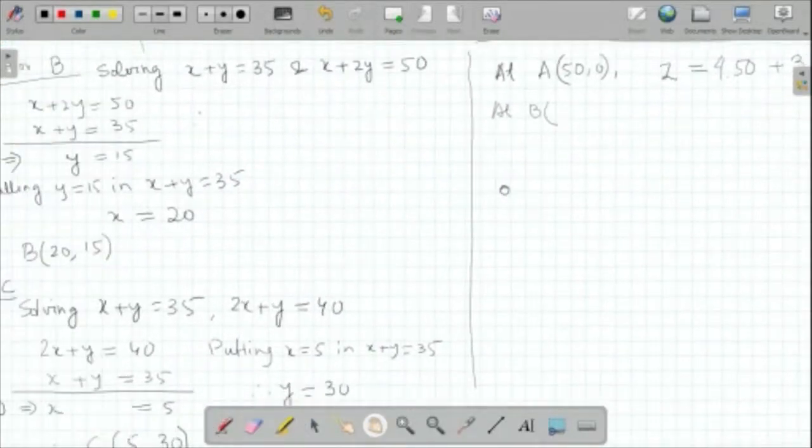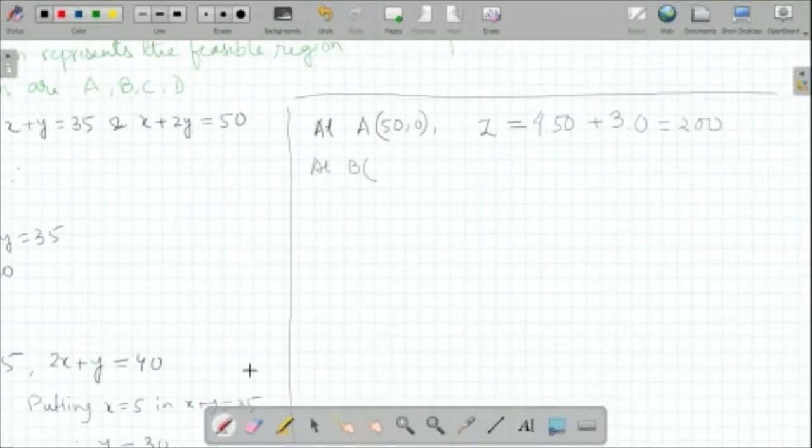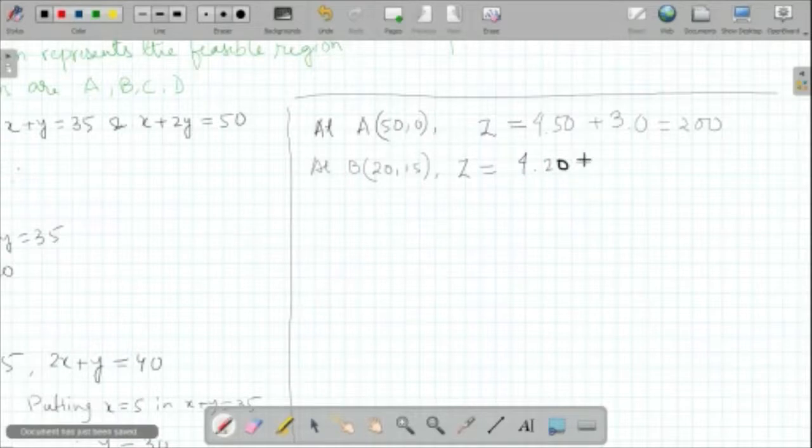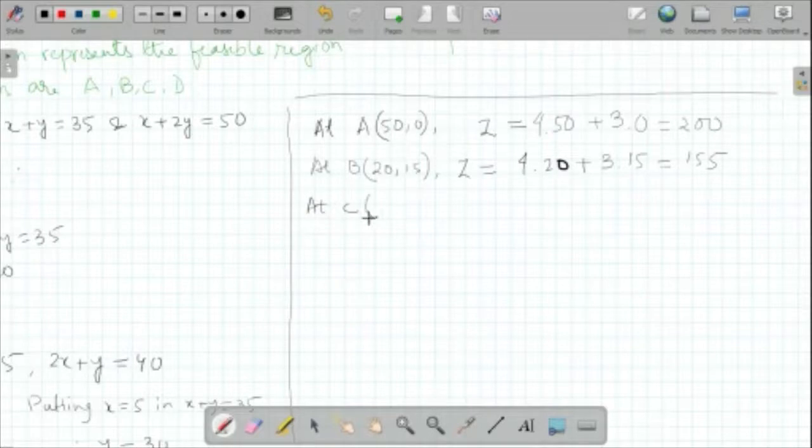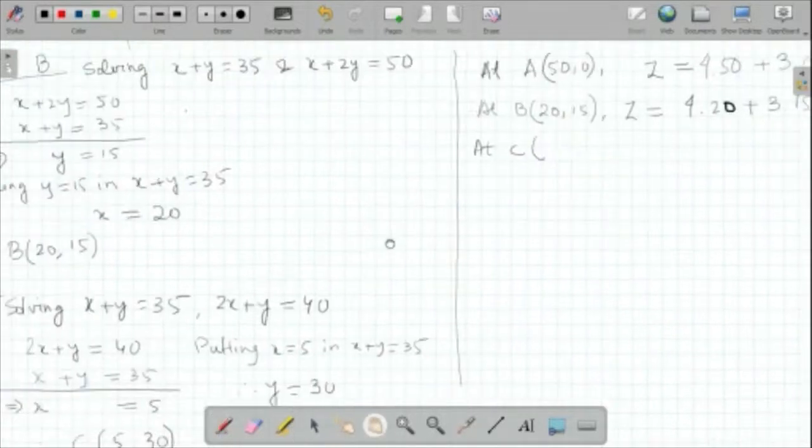Now at B, what is B here? B is (20, 15), right? At (20, 15), that is going to be 4 times x, which is 20, plus 3 times y, which is 15. If you do the calculation, it will be 155. Now similarly at C, what is our C?